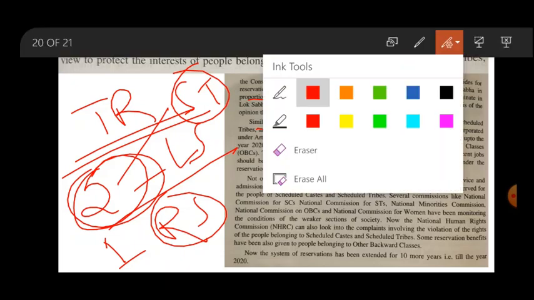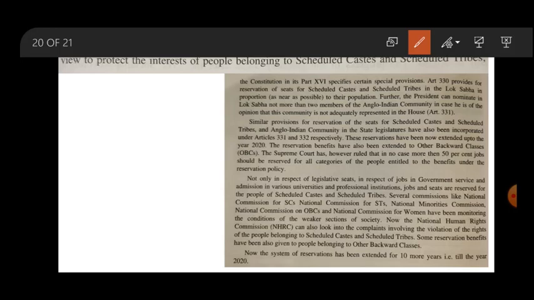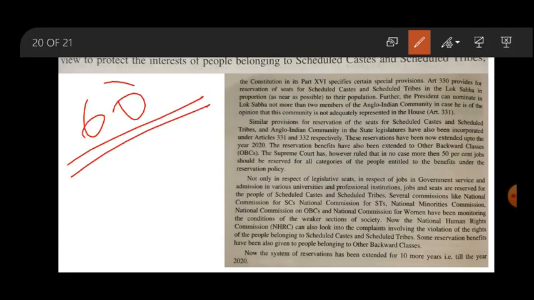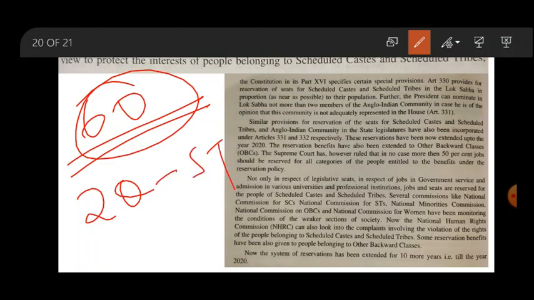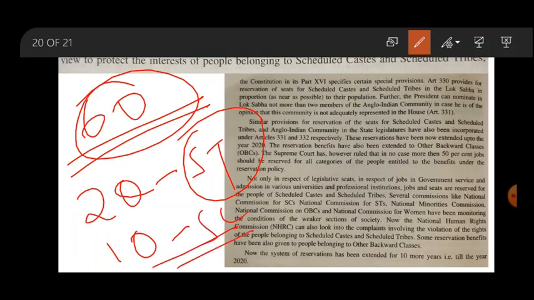Out of these 60 seats, 20 belong to ST, 10 belong to SC, and the other 30 are for general. So this is the distribution of seats in our state legislative assembly.